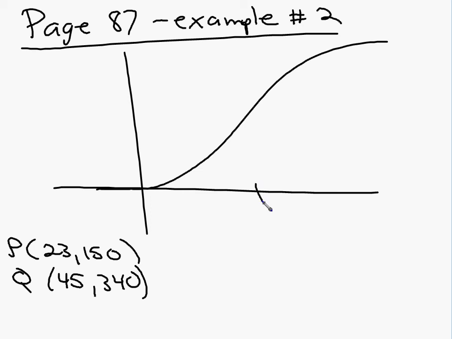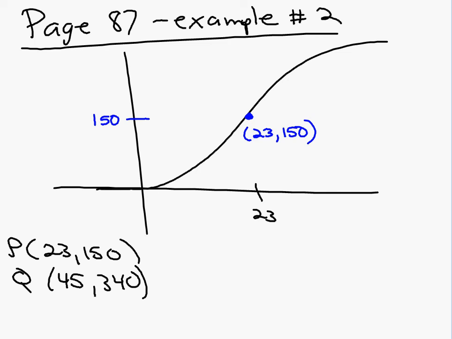So we have this point, 23, 150. Just come straight up here. That's got to be a 150. This is the point 23, 150. And then we have the other point, 45, 340.